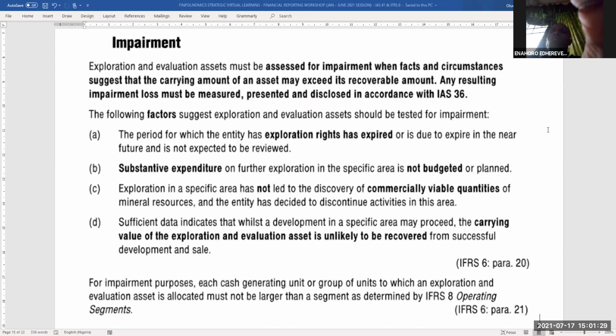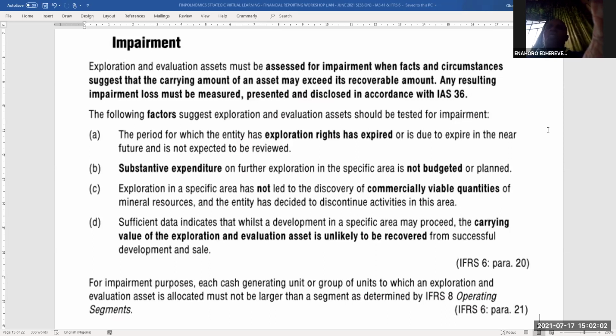The following factors suggest exploration and evaluation assets should be tested for impairment. A, the period for which the entity has exploration right has expired or is due to expire in the near future and is not expected to be renewed.